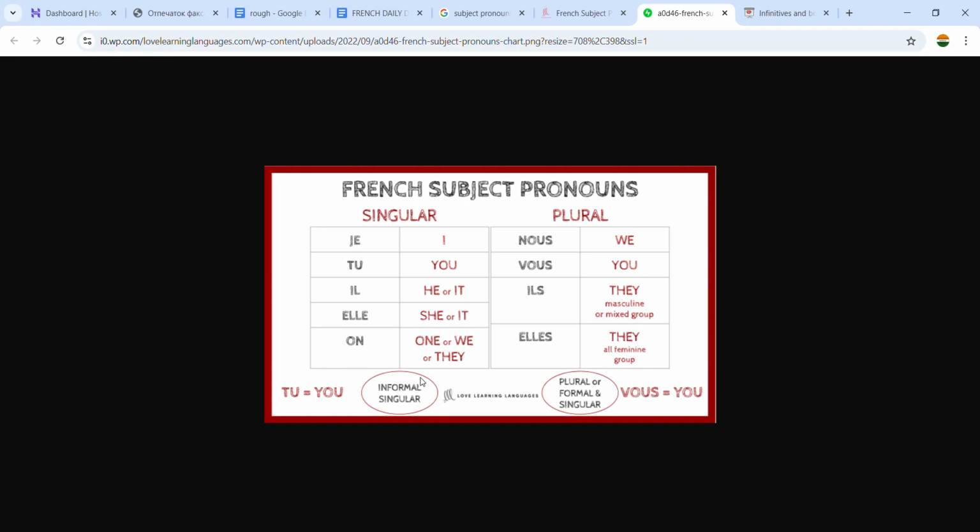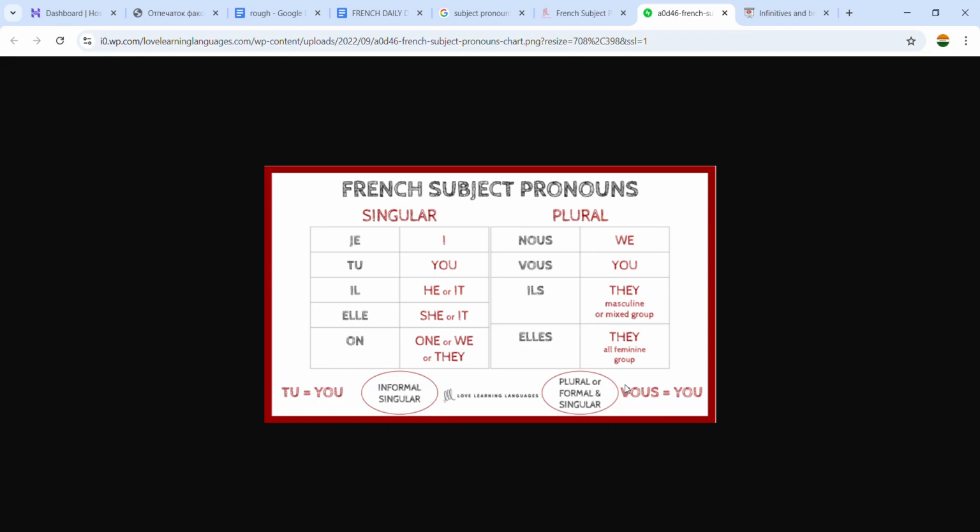Now, what is informal? What is formal? Like in the Hindi language, we have tum and aap. Always remember there are two ways of saying you in Hindi and in French as well. Tu, which means you, is informal. This subject pronoun you can use with your friends, those who are younger and closer to you, with whom you feel casual.